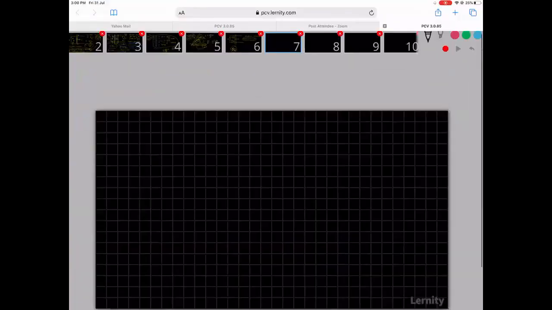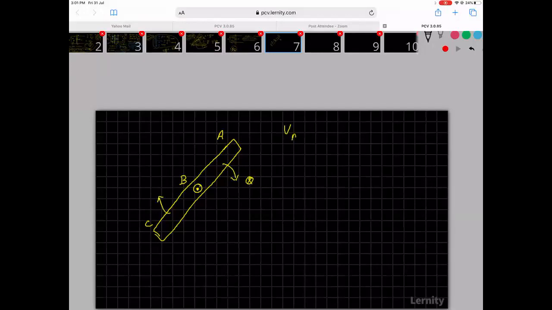Now I have a rod like this. Now I pivot it at the center. Suppose we have points A, B, and C. This is the magnetic field and it is rotating like this. The question is: find VAB, find VAC.